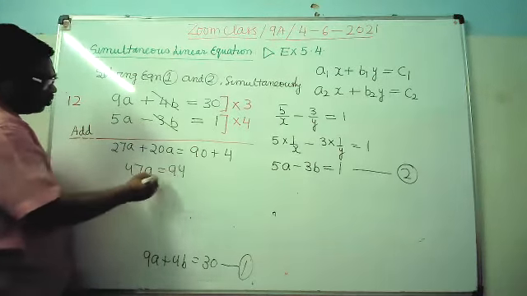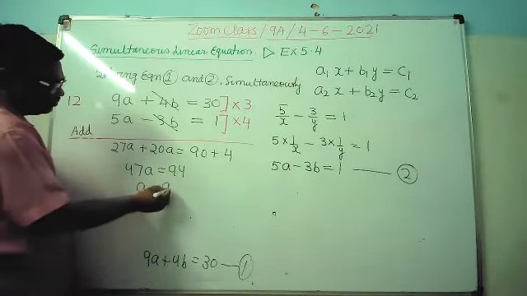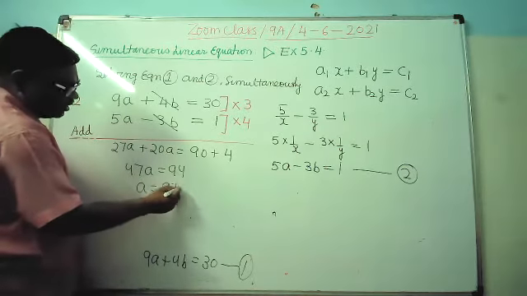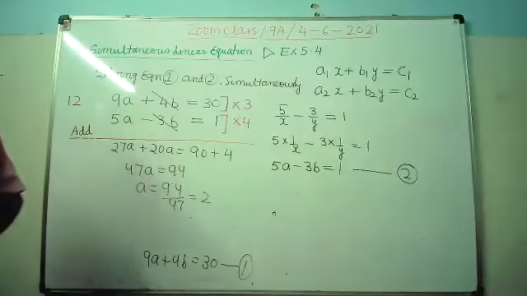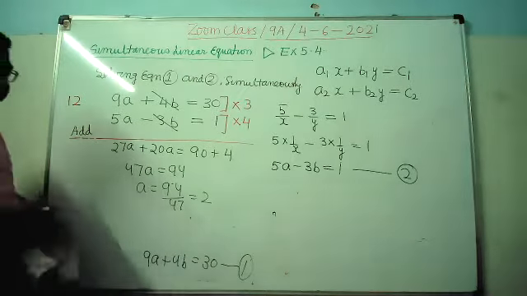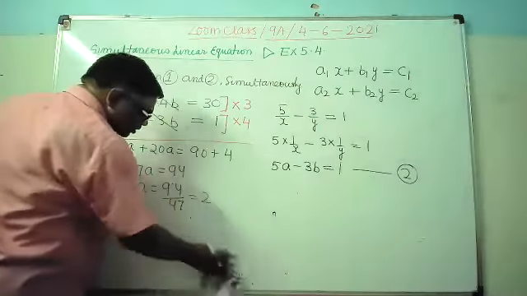So what is a? 94 upon 47 equals 2. But you have taken a as 1 upon x.